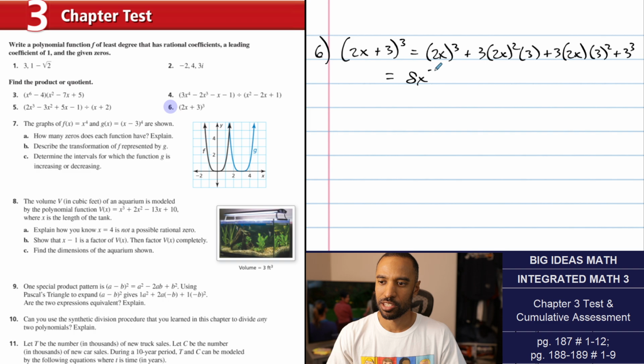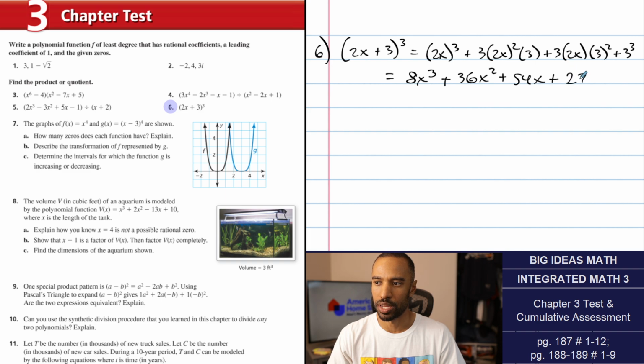That becomes 8x cubed plus, 2 squared is 4, times 3 is 12, times 3 is 36, plus 3 squared is 9, times 2 is 18, times 3 is 54, plus 3 cubed is 27.